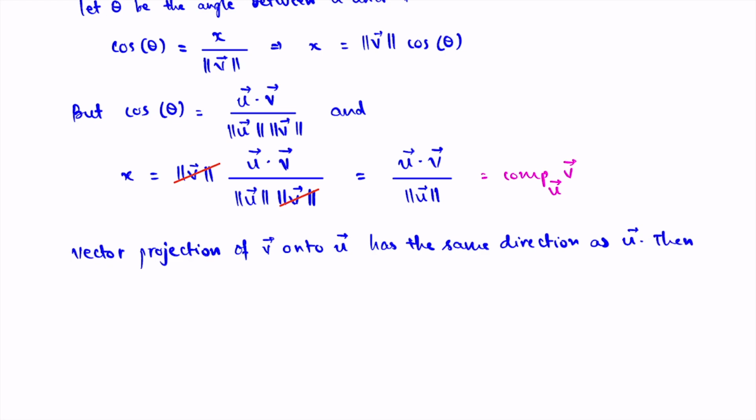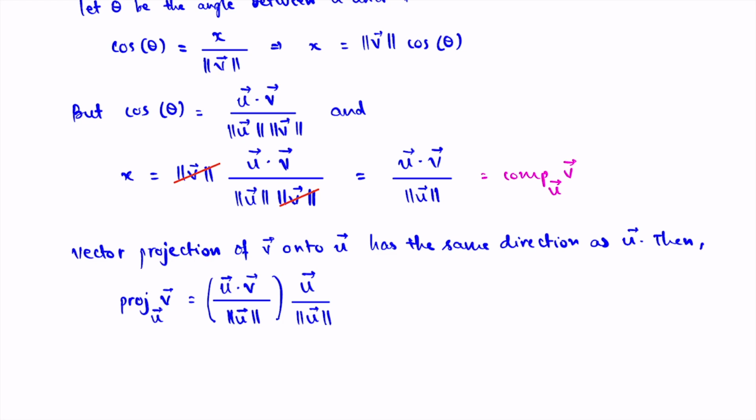Then we have that the projection vector of v onto u is equal to u dot v divided by the magnitude of u, because you want to have the vector projection pointing in the same direction as u, so you multiply this with the unit vector u. So this is a scalar applied on the unit vector u. That is scalar projection, that is vector projection.